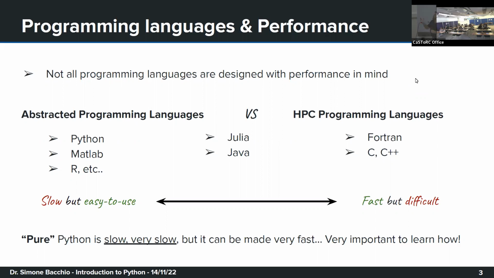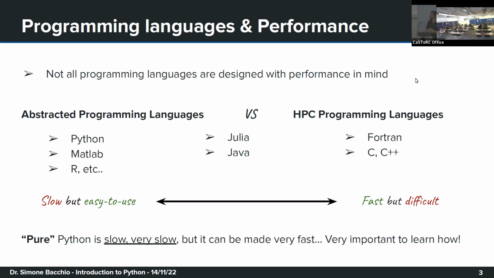The purpose of this training is not so much to show you an HPC programming language, that could be C, C++, but to show you what you should not do with Python when you use it for HPC. Because Python, since it's not meant for performance, can be very, very slow if you do the wrong things.